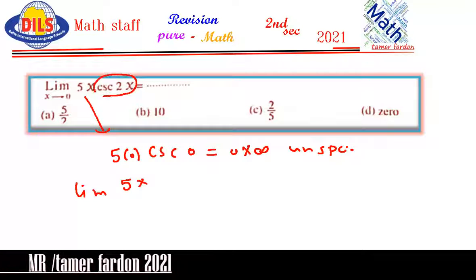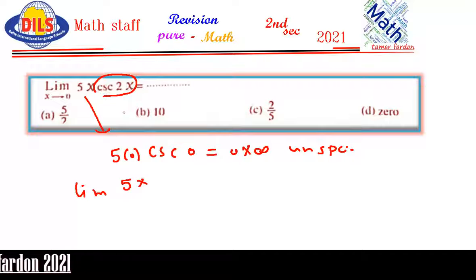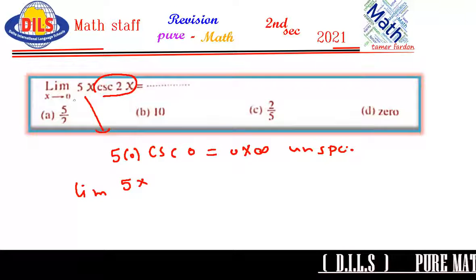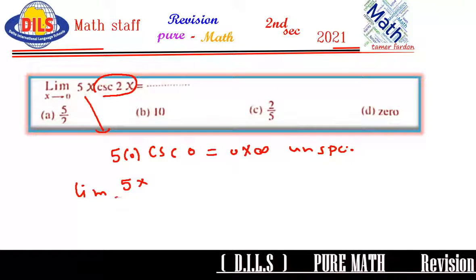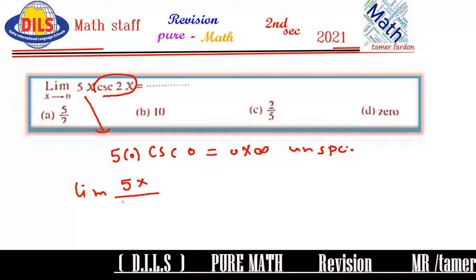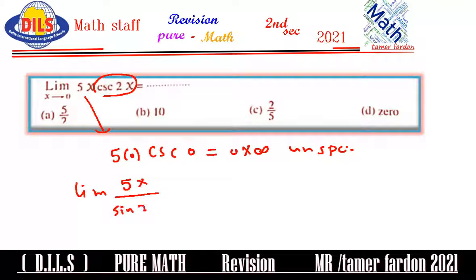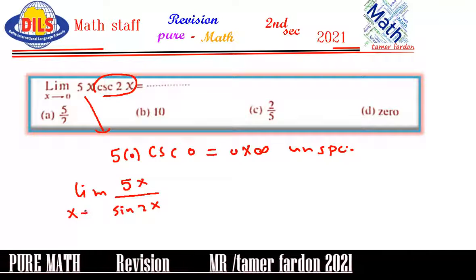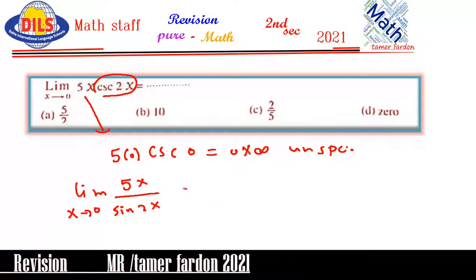Cosec 2x is the reciprocal of sine 2x, so we can write our function as 5x over sine 2x when x tends to 0.